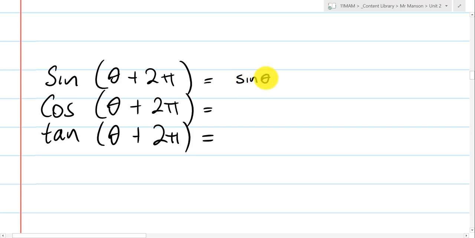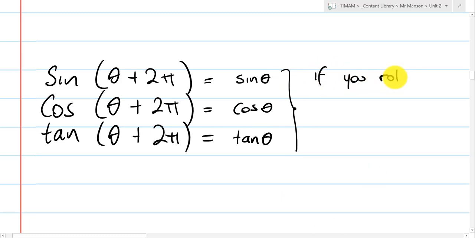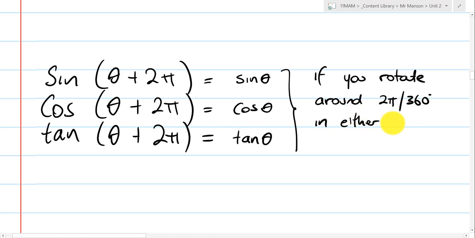So I'm making the connection here. I'll bring this connection back in a minute, but you might want to write this down. Cos of theta and tan of theta. And the big point I'm making is if you rotate around 2 pi, which is 360 degrees, in either direction, you end up back where you started.